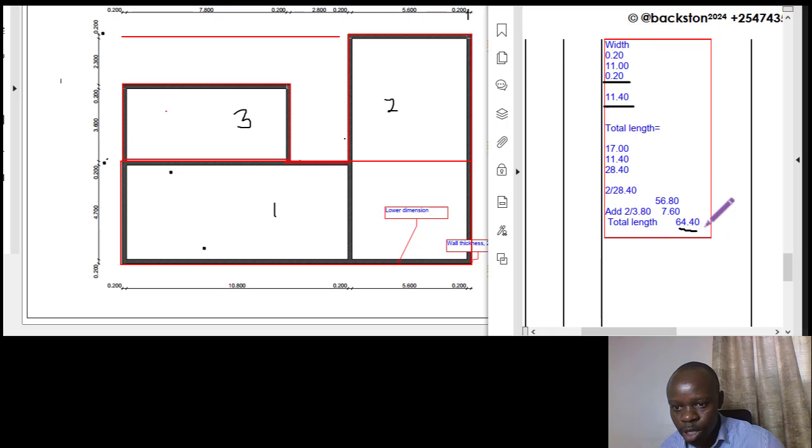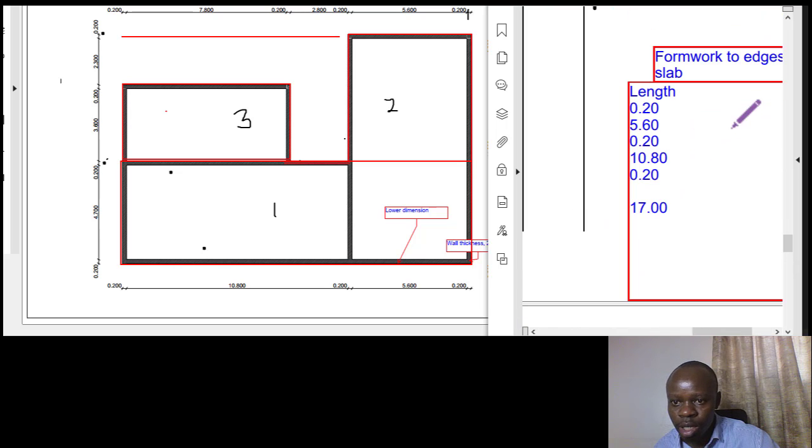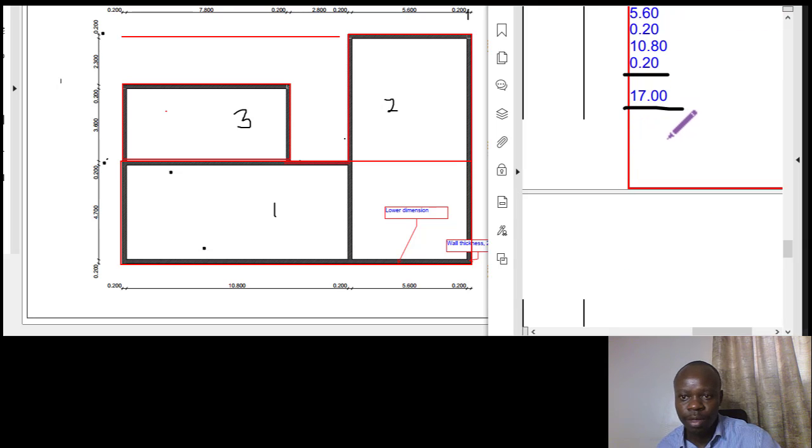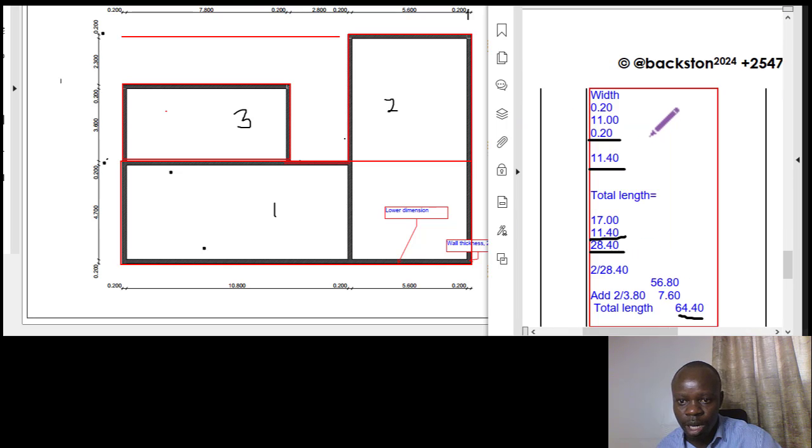So for instance, that is now your total length, and you separate that from this so that you are able to see it properly, what the items you've entered and so on. The same you'd apply to this point here. Okay, so that was the length, well indicated.